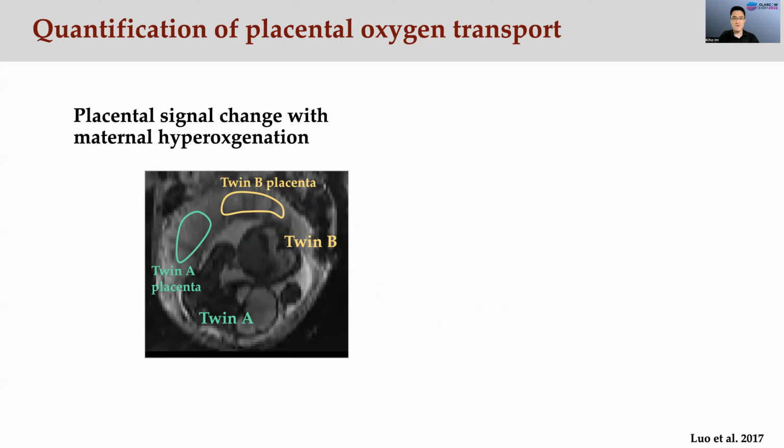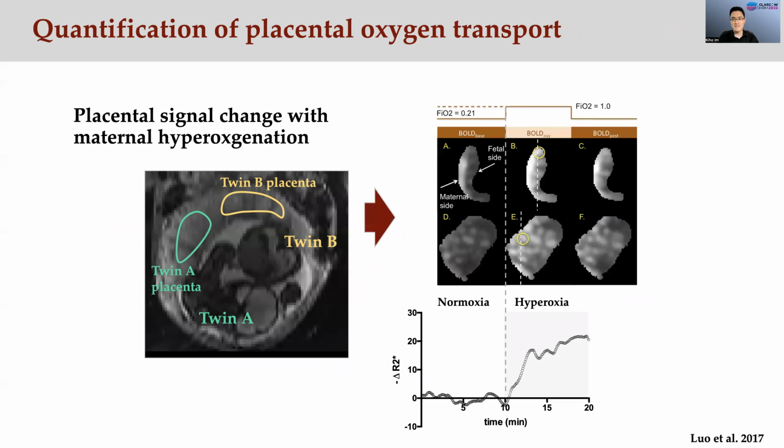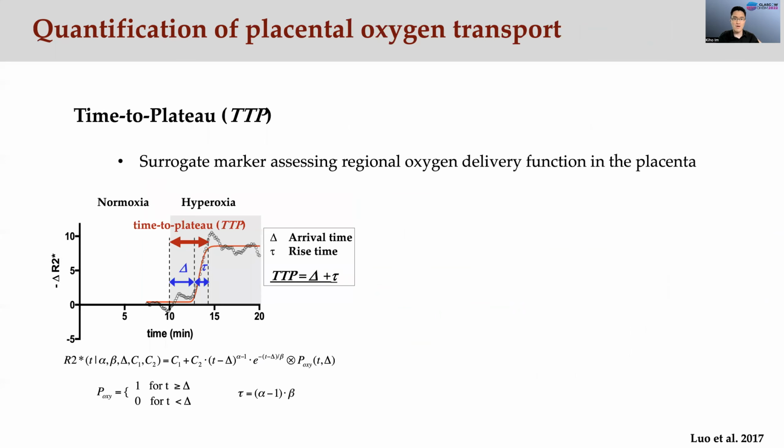For quantification of placental oxygen transport, first we manually delineated the placenta regions corresponding to each twin fetus and extracted placental signal change with maternal hyperoxygenation. We employed the gamma function to capture and model the signal change and obtain time to plateau, TTP, value after fitting the signal to the model.